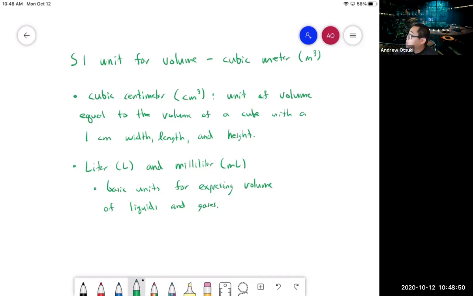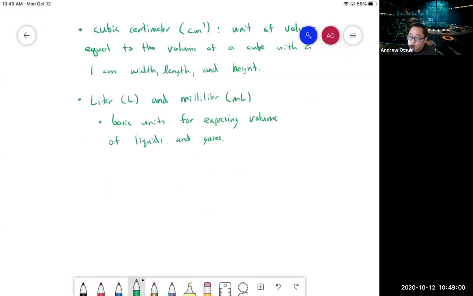Okay. So I was actually mistaken, so ignore me. I'll just put the values here. So don't worry about 1 meter cubed. For volume we don't usually use that.